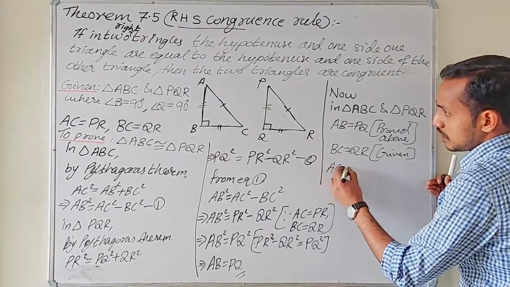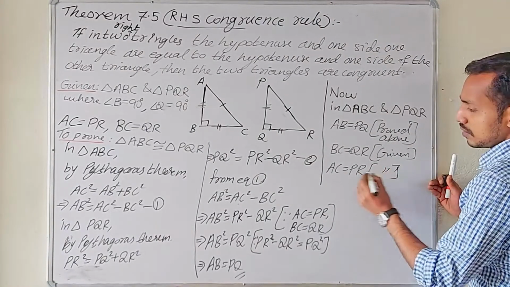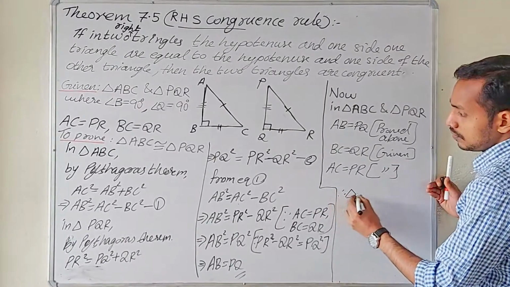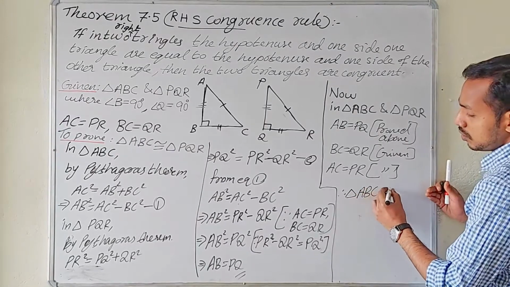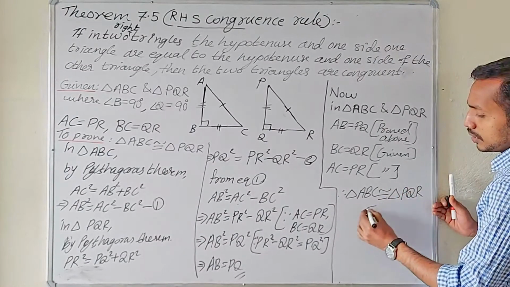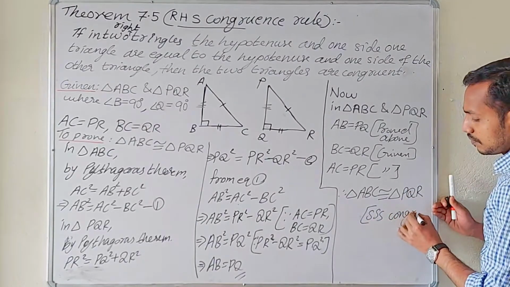Also AC is equal to PR, that is also given. Then triangle ABC is congruent to triangle PQR by using the SSS congruence rule.